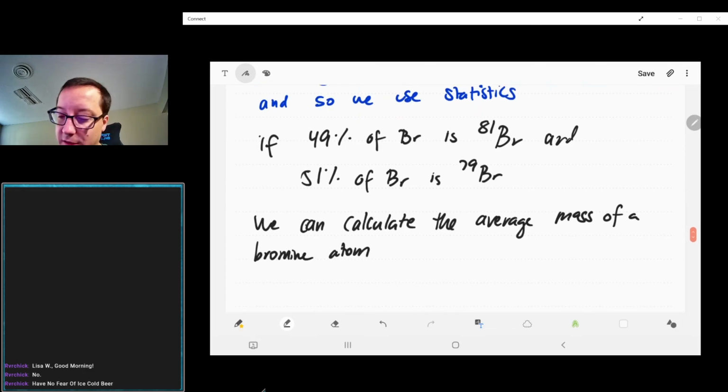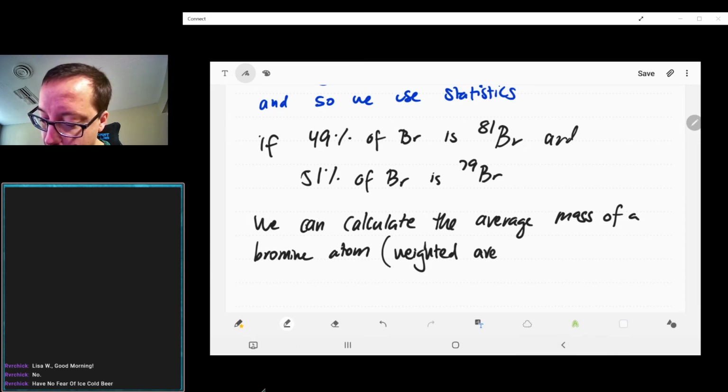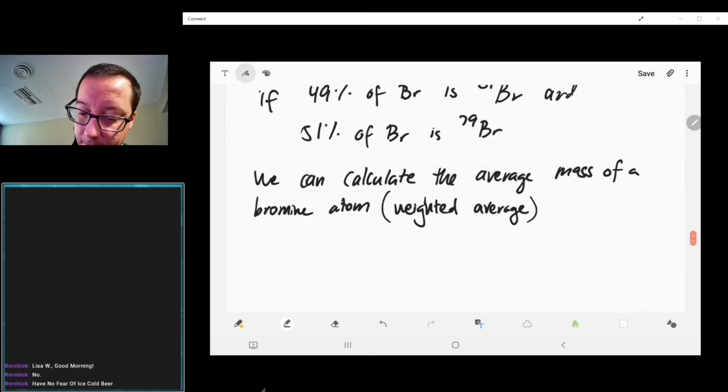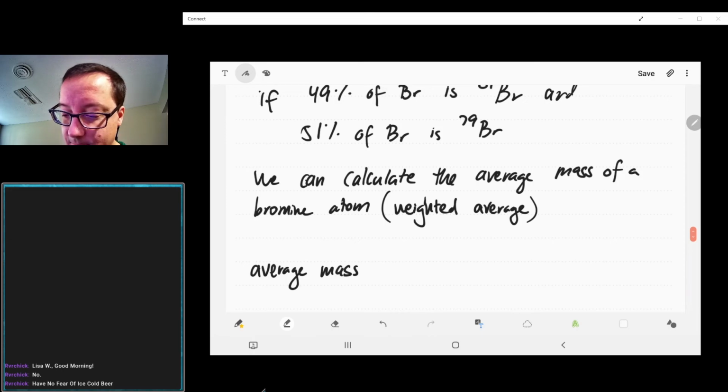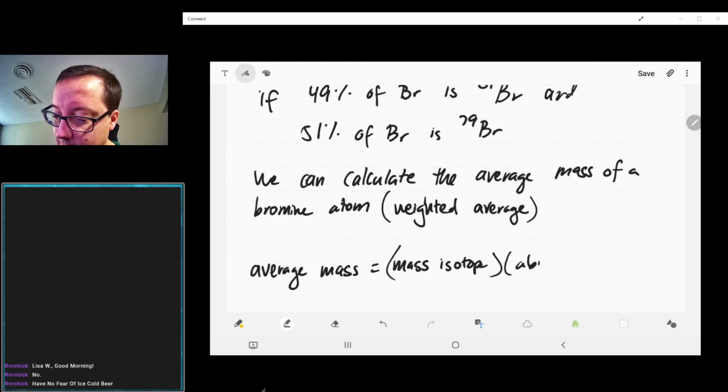And we're going to do this by essentially calculating a weighted average. How are we going to do that? The average mass is going to be the mass of the isotope times the abundance.